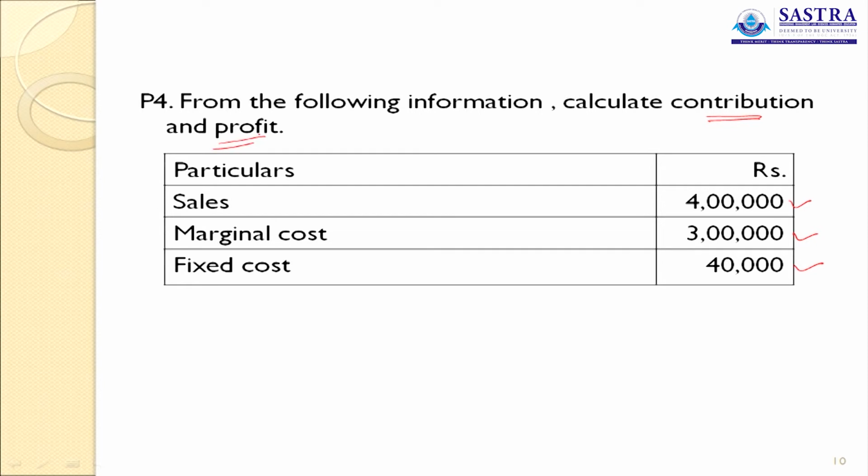So what is the formula? Here you have to use sales less marginal cost or variable cost. This is contribution. Less fixed cost.